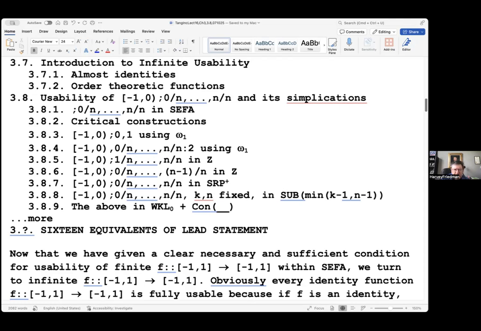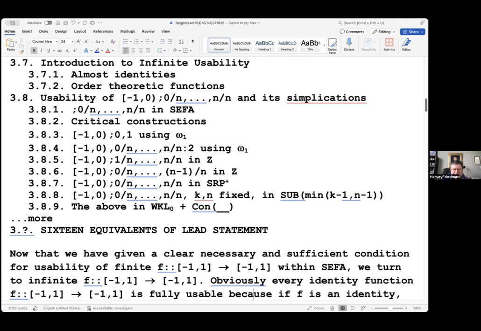One is to use almost identities, which is just identity function, finite function, and the other is to use order theoretic functions. Every order theoretic function turns out to be an almost identity, where the identity part is on a finite union of intervals.